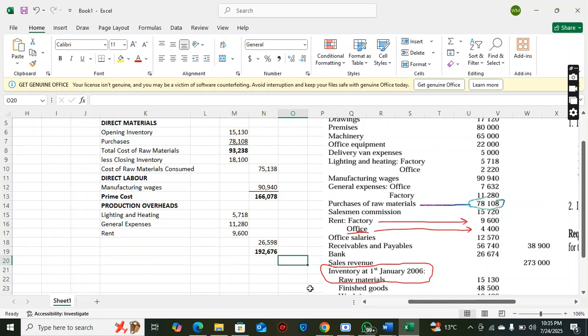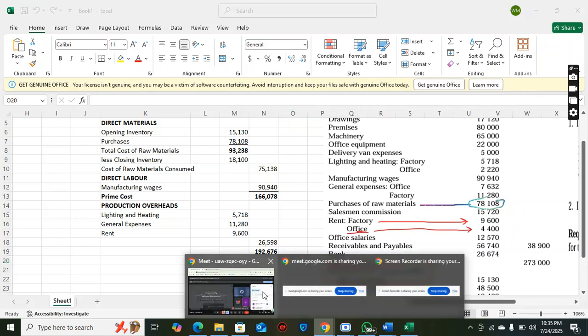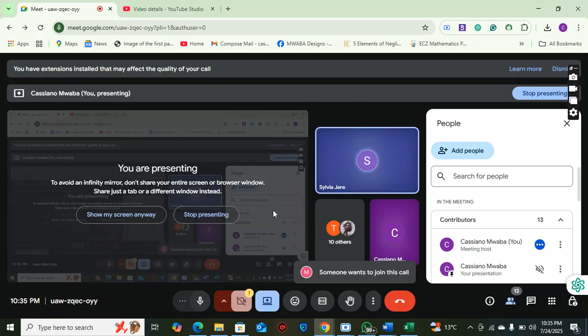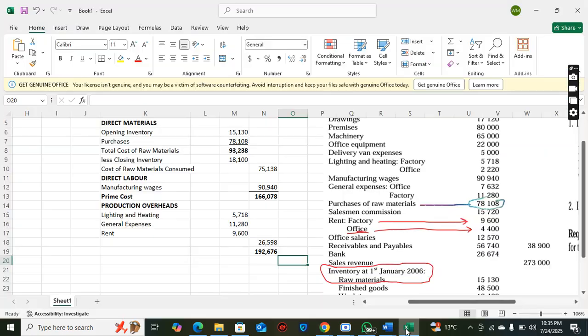We're yet to make the adjustments. And what are these adjustments that we have to make? Yes, which work in progress?